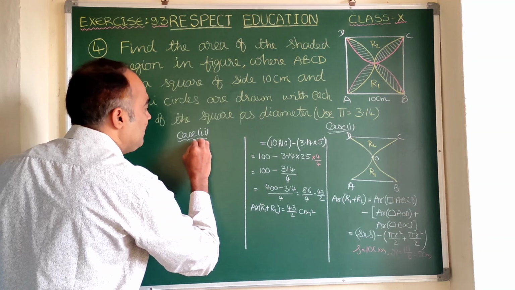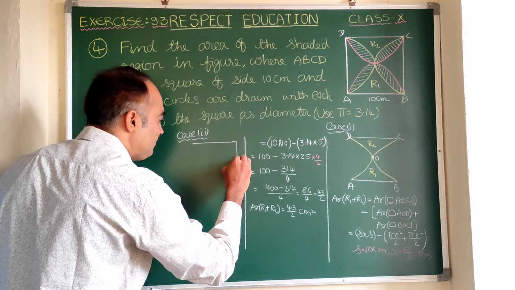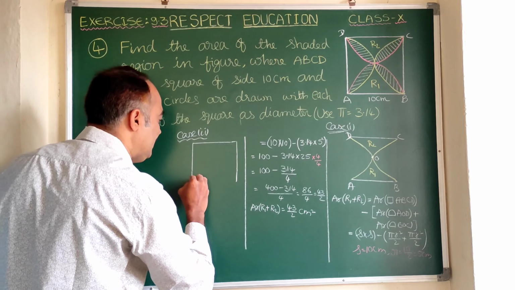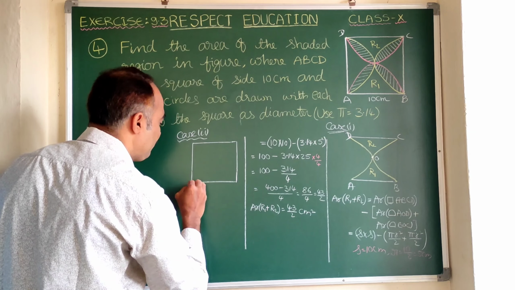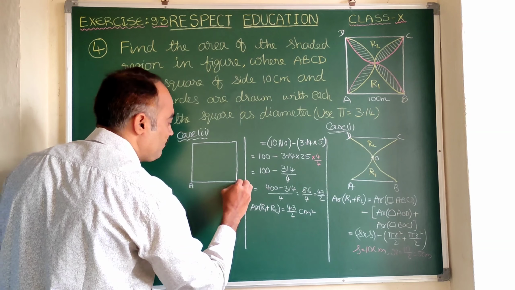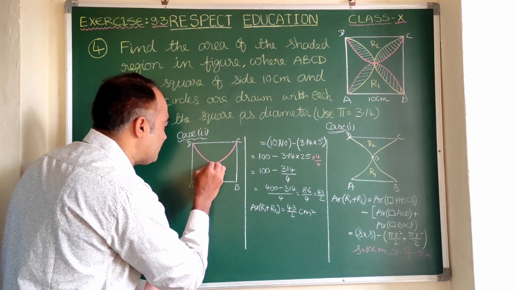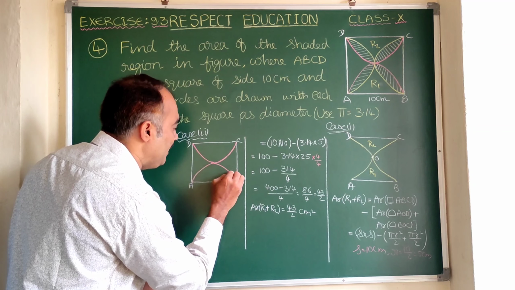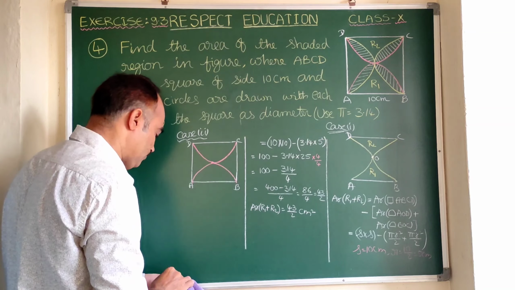Let us consider the square again. This is the square ABCD. Now this is the center O. Now we are going to subtract the area occupied by the semicircle DOC as well as AOB.